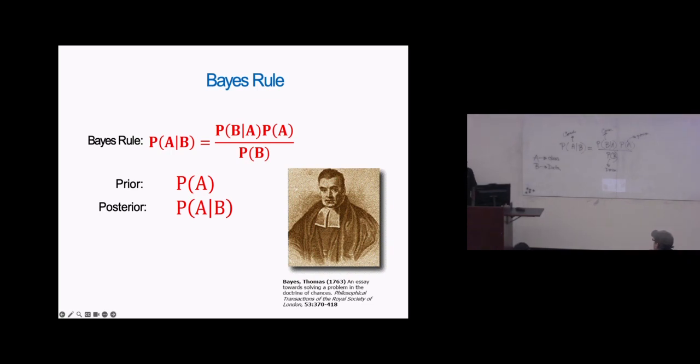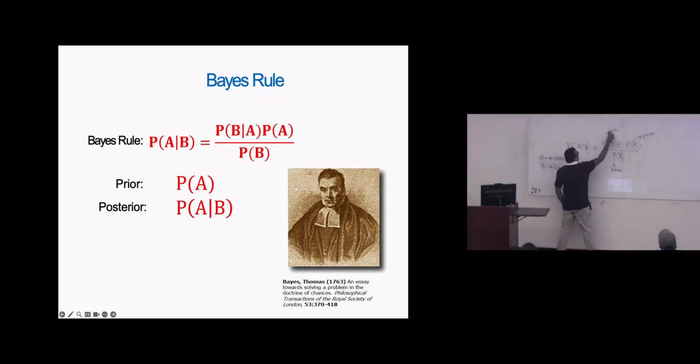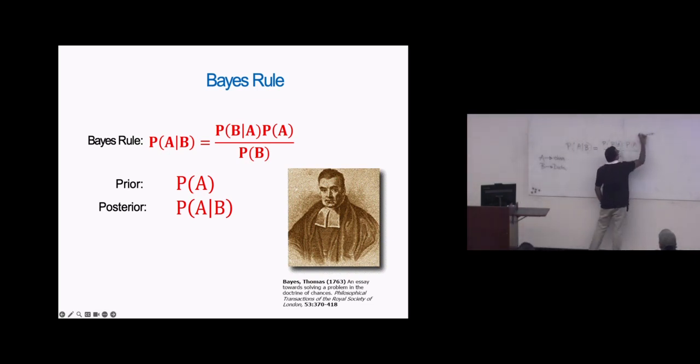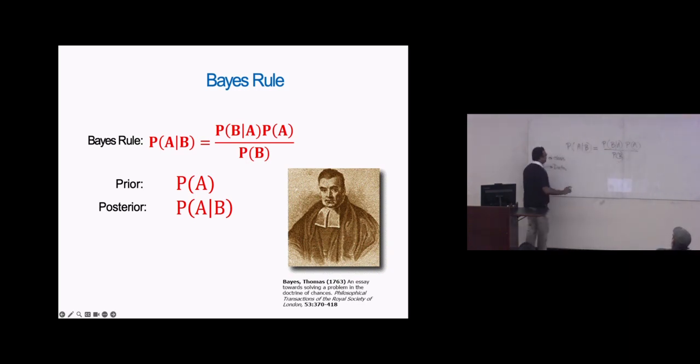Right? Now, how does this change our notion of Bayes in case of machine learning? So we have probability of a class given data, right?